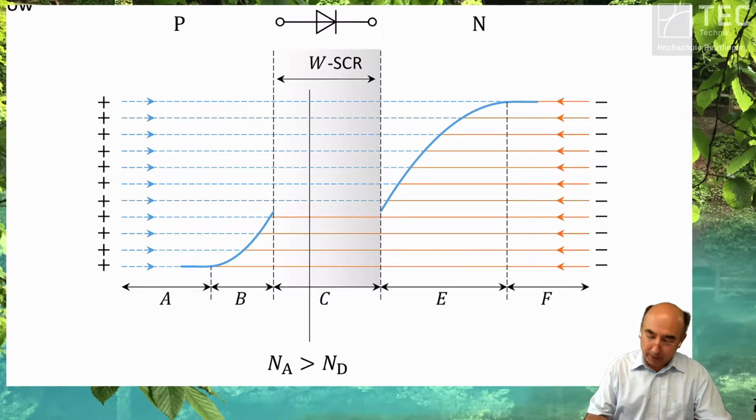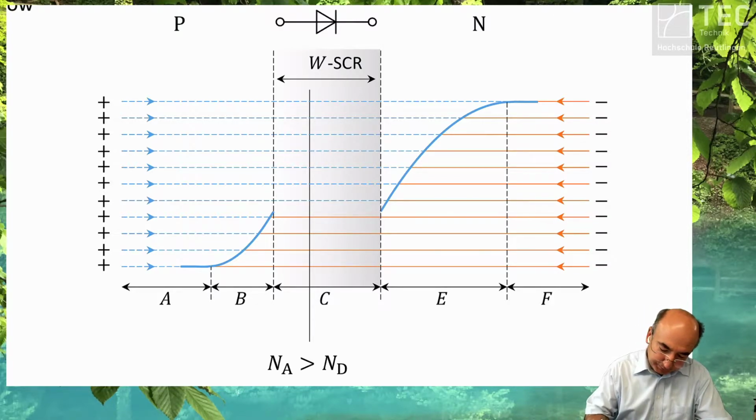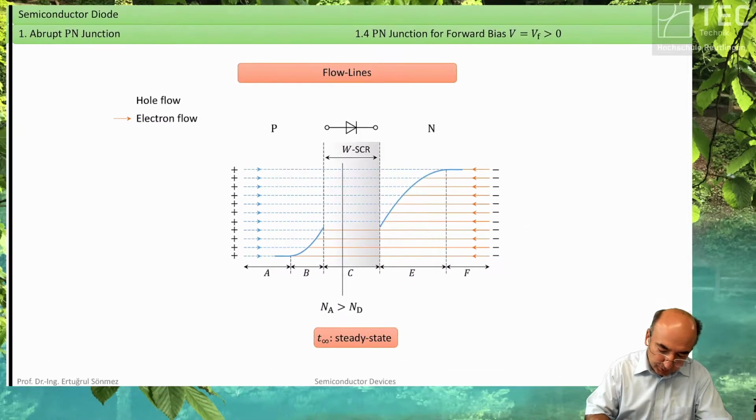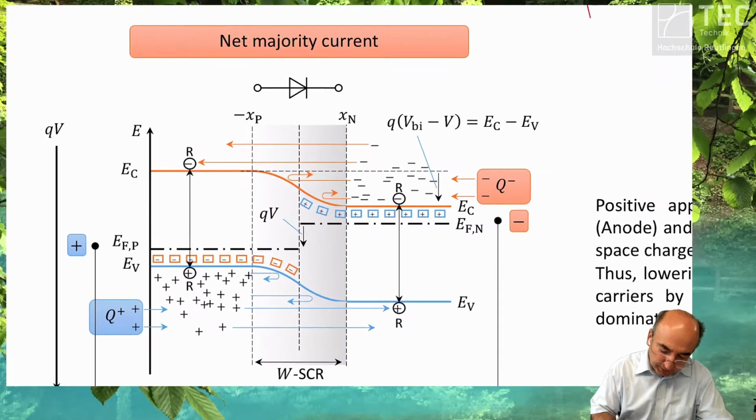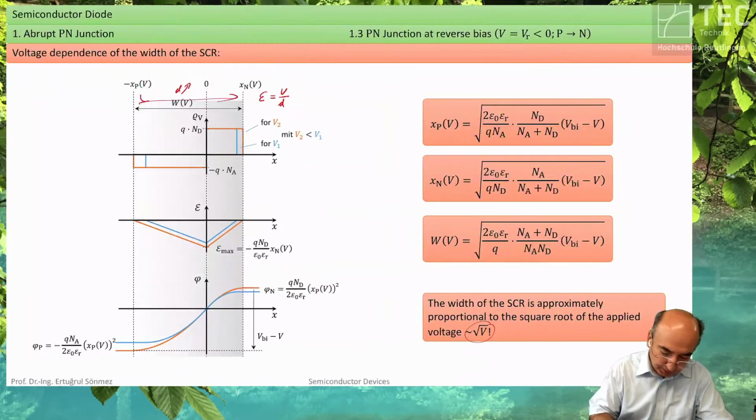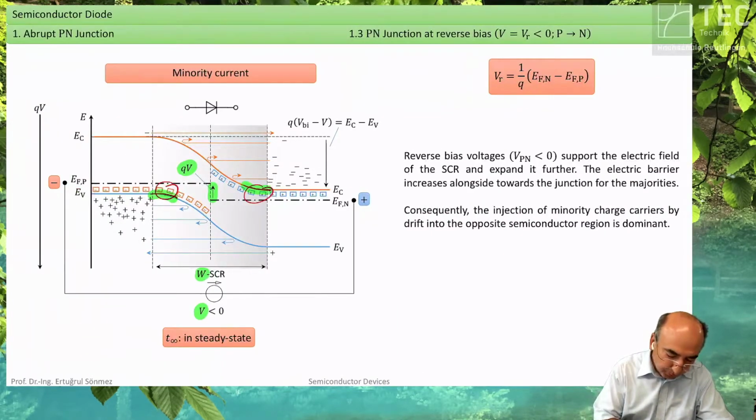But in between, something is changing. You know that we inject electrons here. What do these electrons do here? They change the concentration of the minority carriers. Let's go back. You see here minority carrier.